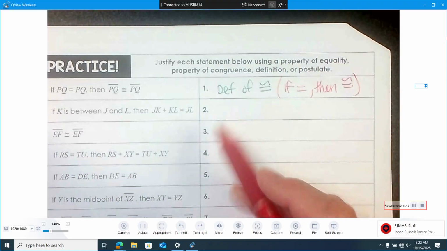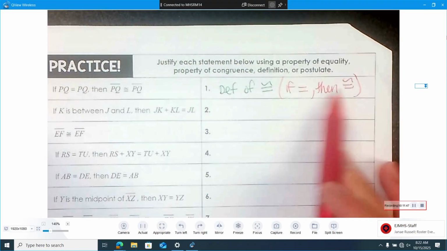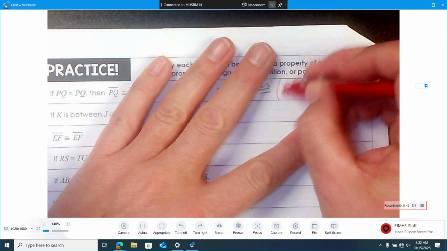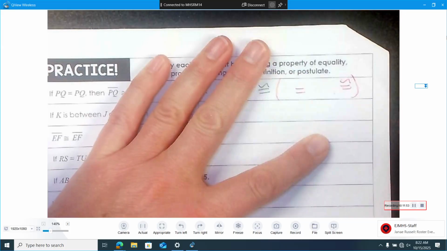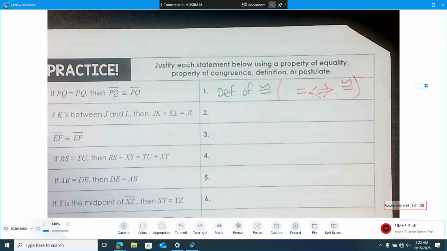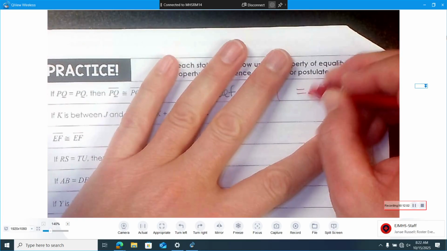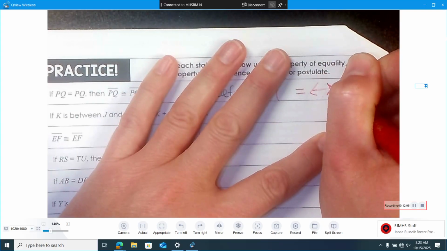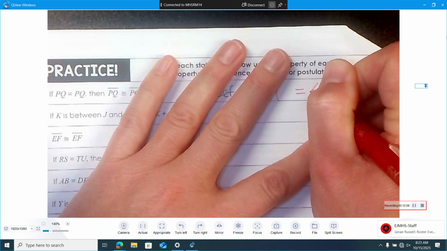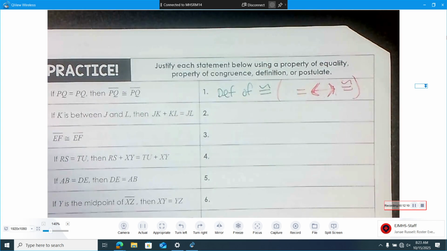So either definition of congruence, or an if-then statement, or even, which would be better, the biconditional statement. We could just say equals implies congruence with the double arrow. That is the biconditional statement, and that is the definition of congruence. That might be an easy way to get it said without having to remember the definition of congruence, but that's up to you.